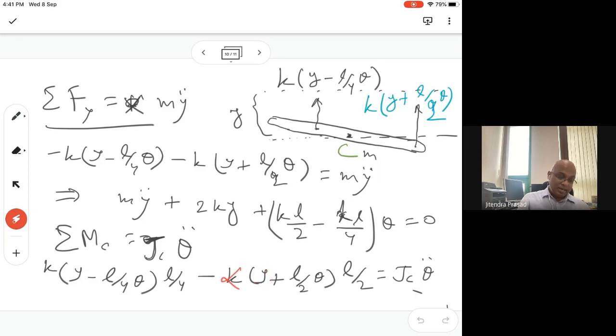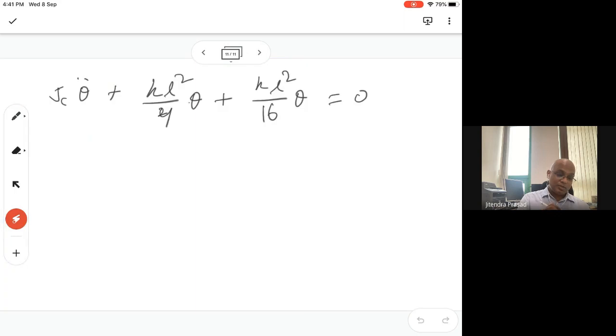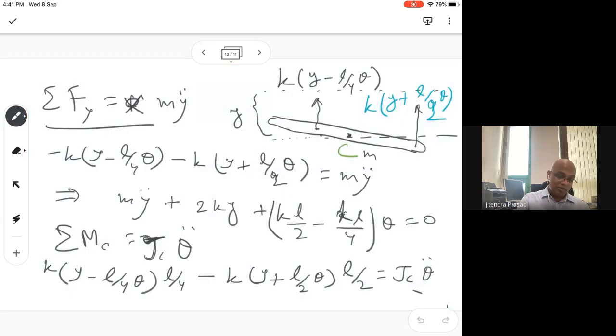So this is k minus kL over 2, this minus becomes plus. So let's not write this one yet. So plus kL over 2 times y, kLy over 2. This becomes kLy over 4, and this will be minus because this is a plus.